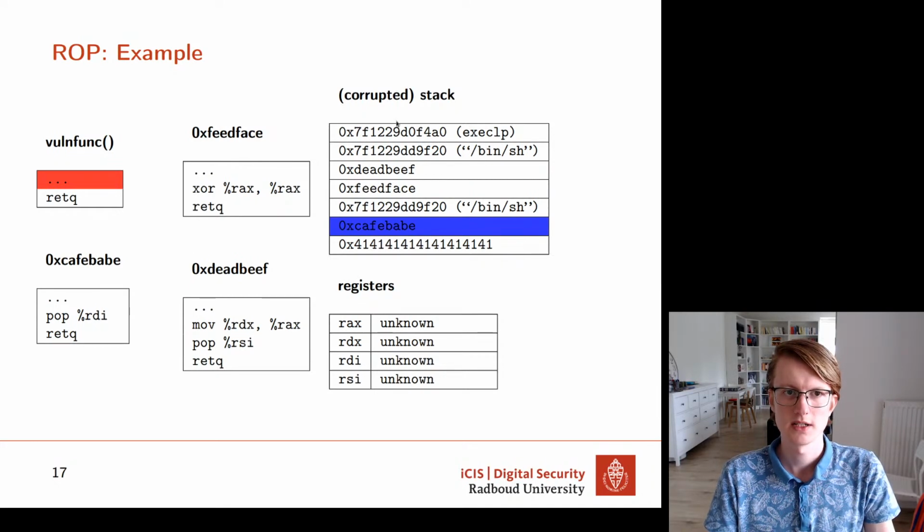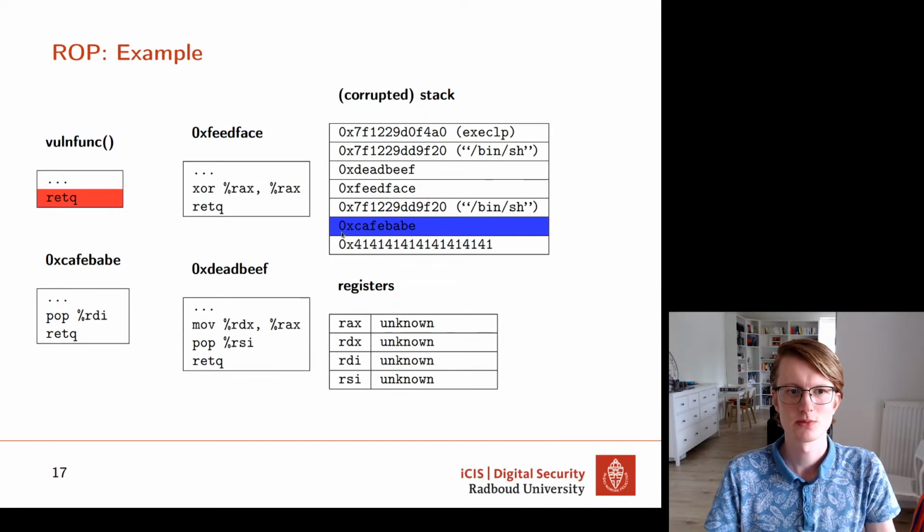And in the execution of vulnfunc, there was some corruption going on, and that allows us to push all of this onto the stack. And this is the top of the stack, so we're starting from the bottom here. As we start to return, we will pop the address of Cafe Babe as the return address. So it will return to Cafe Babe.